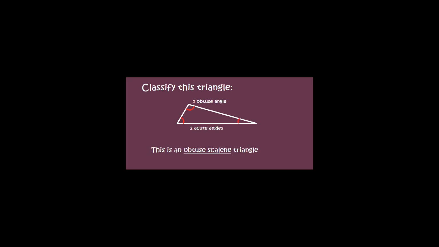This triangle has 1 obtuse angle and 2 acute angles. That makes it an obtuse triangle because it has 1 obtuse angle. And when I look at the sides, all 3 of them are different lengths. None of them are the same. So that means it's scalene.